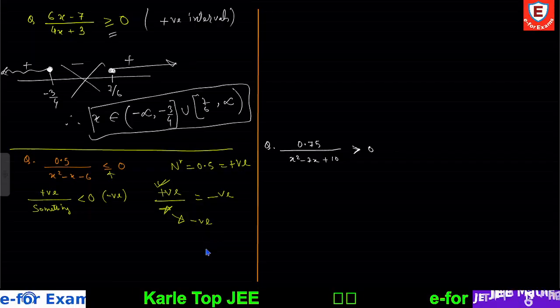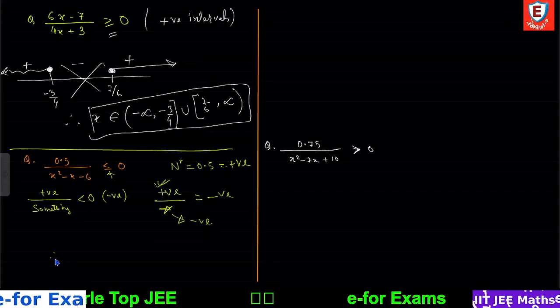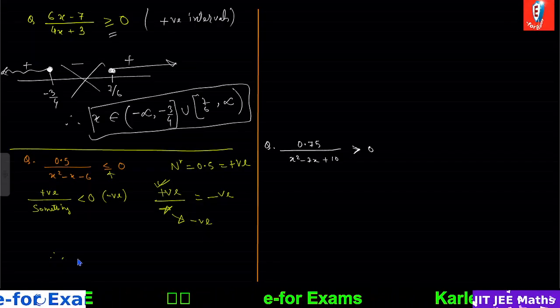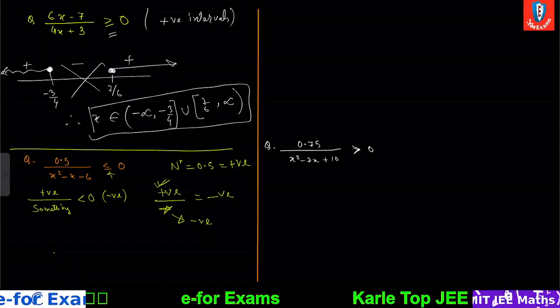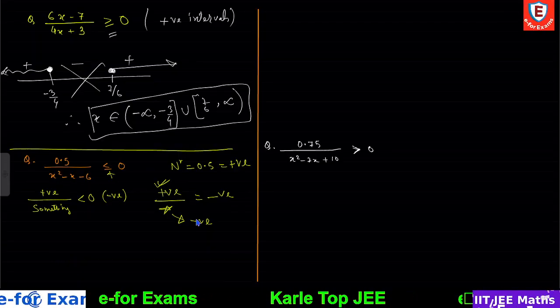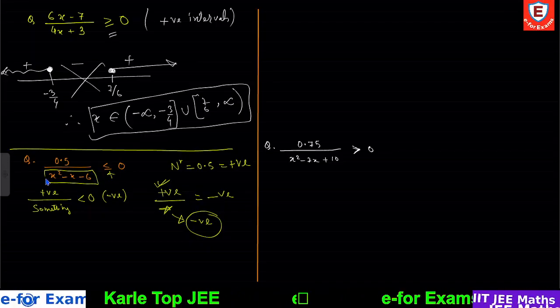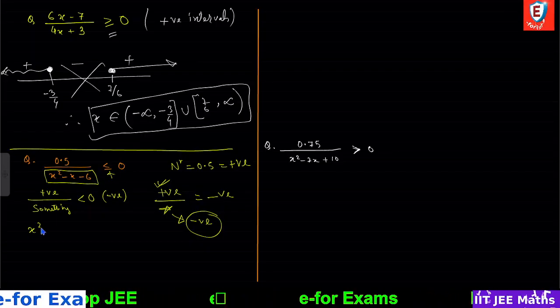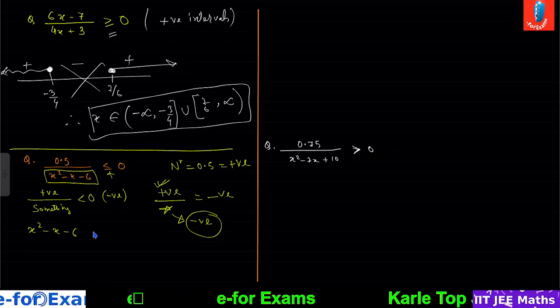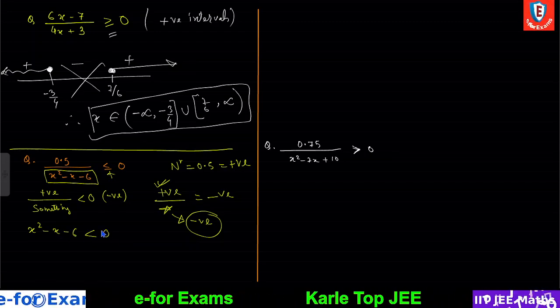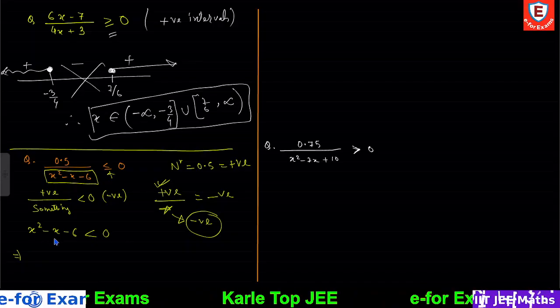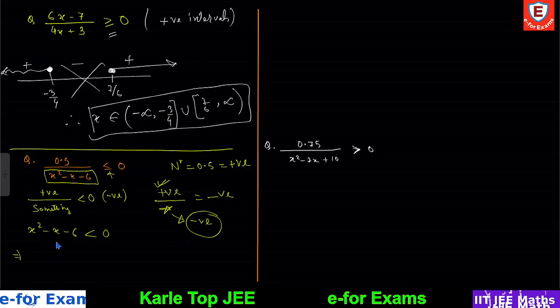Okay. Therefore, here the denominator should be negative, right? So what is the denominator here? Take the denominator. X square minus x minus 6 should be less than 0. Negative means less than 0. This one you can factorize, right?